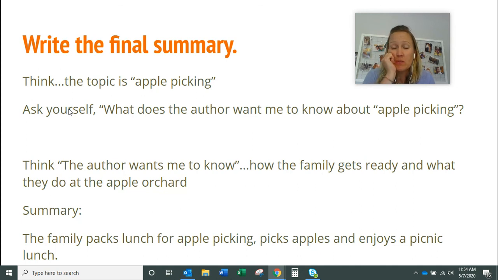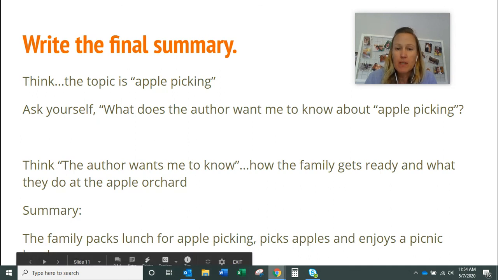Upon further review, we realized it's what this family does when they go to the apple orchard. So I think in my head, the sentence starter, the author wants me to know how the family gets ready and what they do at an apple orchard. Okay. So I rewrite that as a statement. The family packs lunch for apple picking, picks apples, and enjoys a picnic.